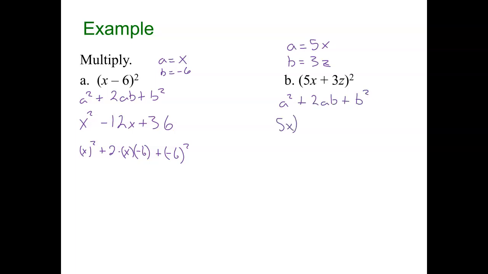So a squared plus 2 times a times b plus b squared. 5x times 5x, 25x squared. 2 times 5 times 3, 30xz, good. 30xz. 3x, I'm sorry, 3z, times 3z, squared.